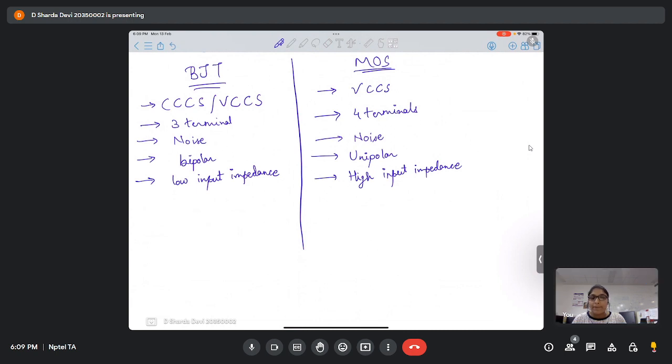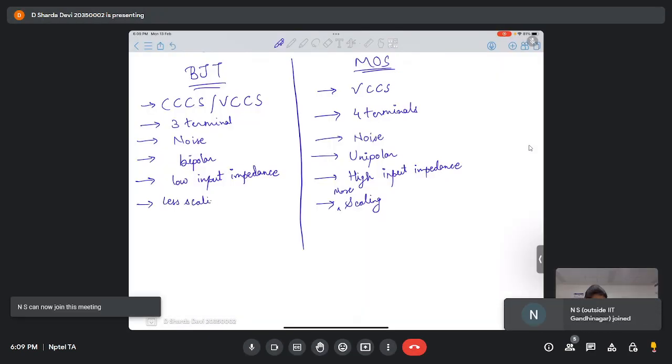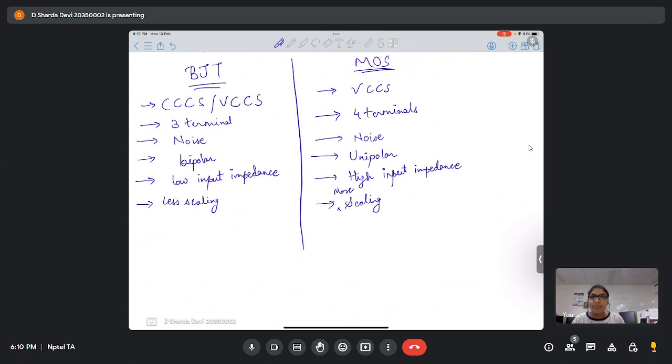Ma'am, MOSFETs are small in size, while BJTs are bigger in size. Yes, you can say scaling: more scaling, comparatively less scaling. Yes, ma'am, from this we can deduce that MOSFET is mostly used in digital circuits, and BJT is mostly used in analog circuits.